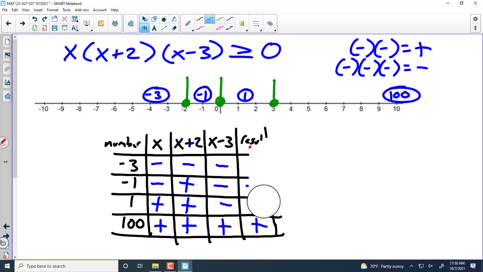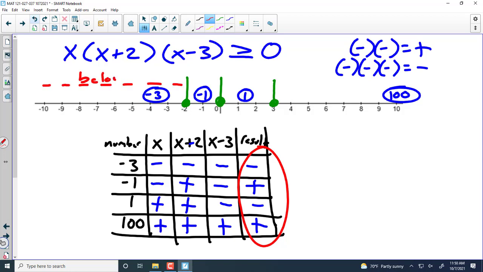What these tell you, everyone, is if you are above or below the x-axis on that piece of the number line. The minus tells me that I'm below. The positive tells me I'm above.